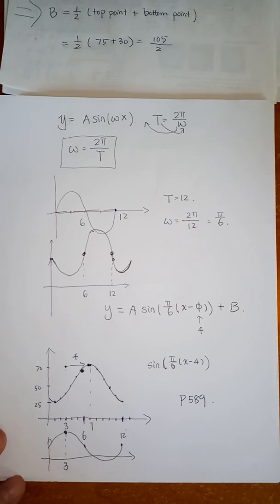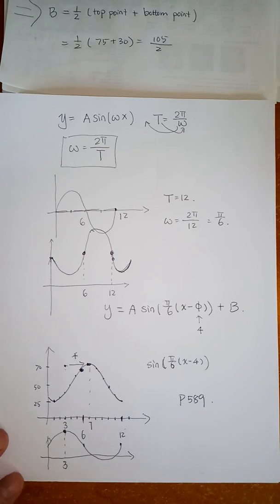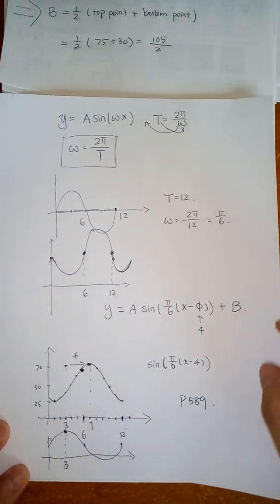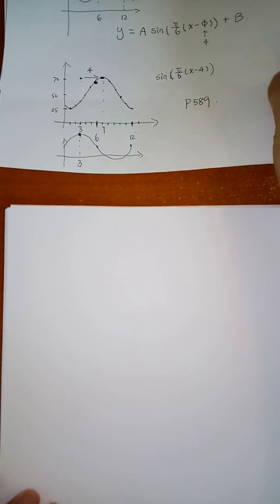Okay, so let me see if I have a proper example. The proper example is something like this. So far we don't have the graph, but we have the following thing.